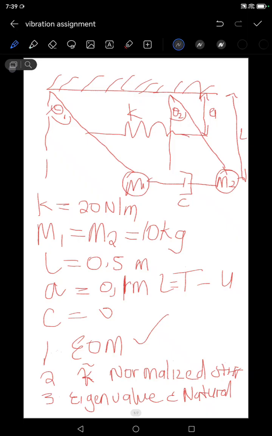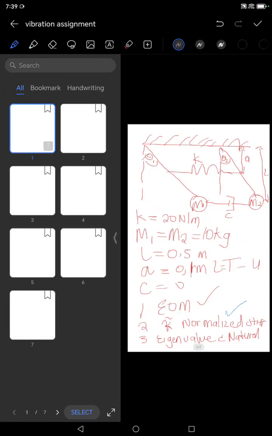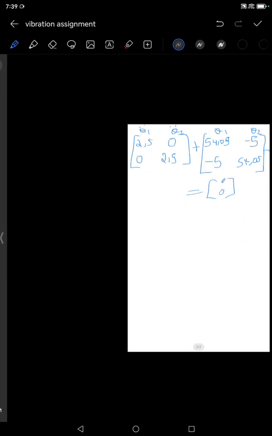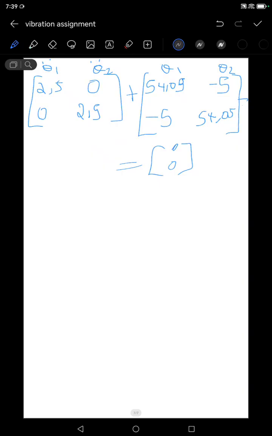So now let's continue and do the normalized stiffness. After that, we're going to do the eigenvalue. When we're talking about the normalized stiffness, number 2, we're looking for K bar. The formula to determine the normalized stiffness is m to the power of -1/2, multiplied by K, multiplied by m to the power of -1/2.